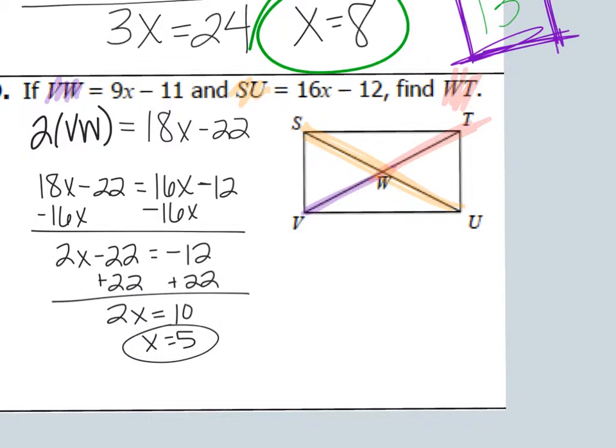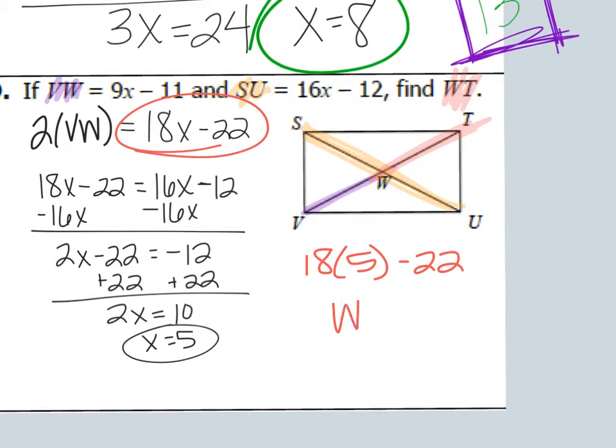So what we can do is plug that in to 18x minus 22. So 18 times 5 minus 22. 18 times 5 is 90. Minus 22 gives me 68. So WT equals 68.